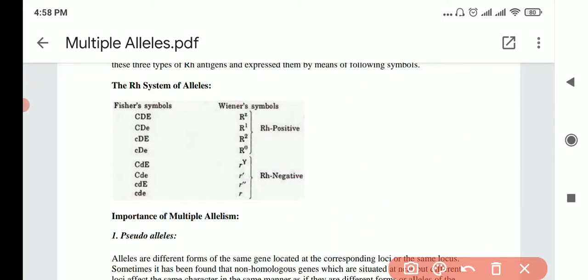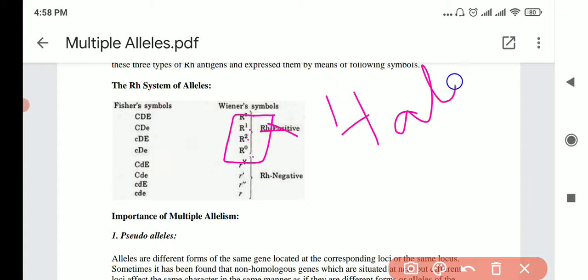In fact, for the Rh positive, these two scientists have given their own symbols. Let's look at the simpler one, this RZ. Now, if we look at the scientist's Wiener symbol, for the Rh positive, there are so many sub-alleles. How many? 1, 2, 3, 4. So, there are 4 alleles which express whether the blood group is Rh positive.